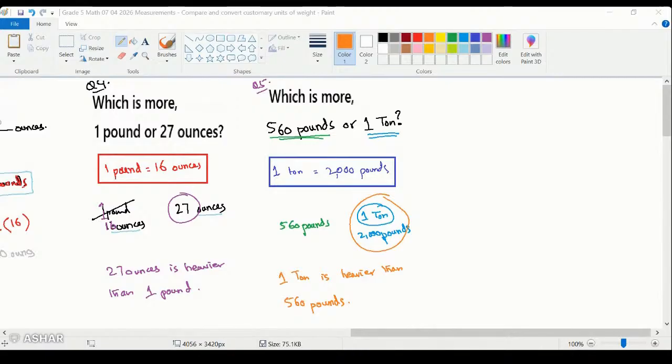For the next question, question number 6, they're saying which one is more. This time they're using a different value. Which is more, 1 ton or 2066 pounds?